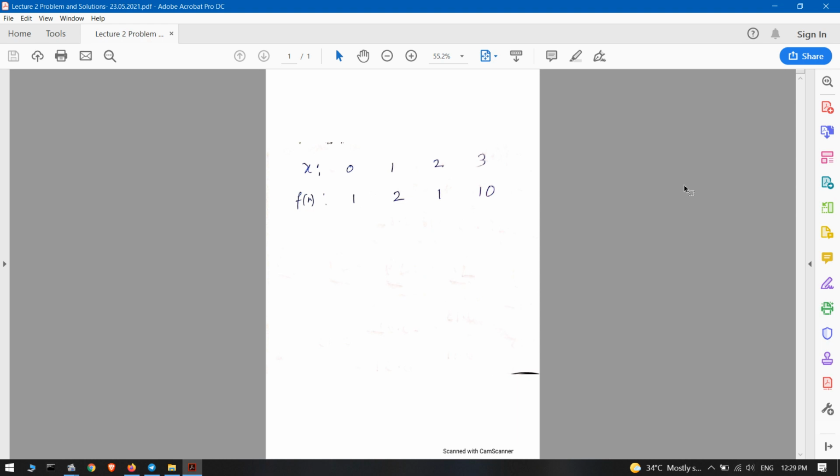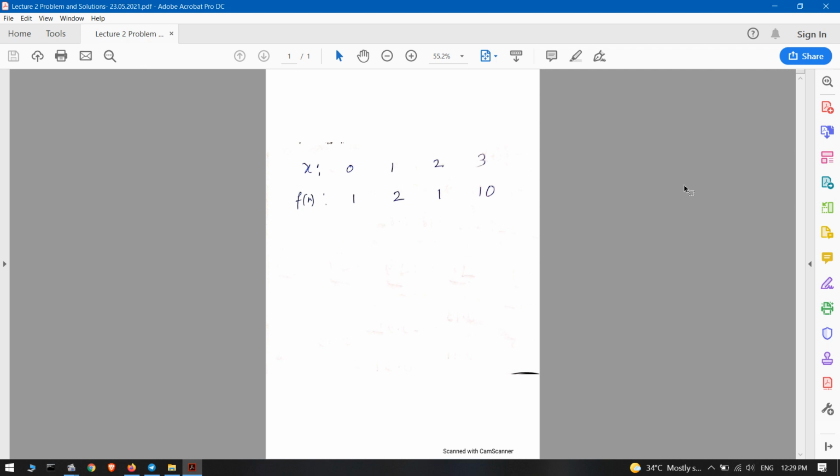So we can write 1 plus x into del f naught. So del f naught equals how much? 1. Plus x into x minus 1 by factorial 2, that is 2, into del square f naught, that is minus 2.